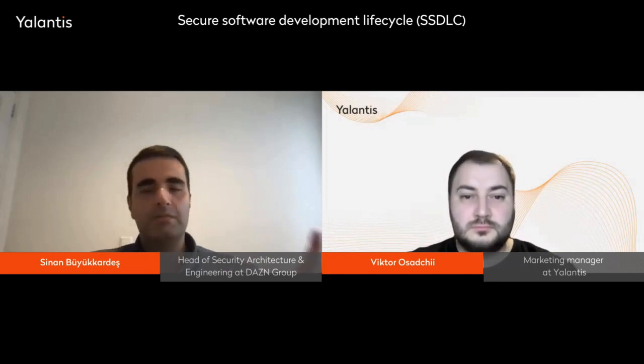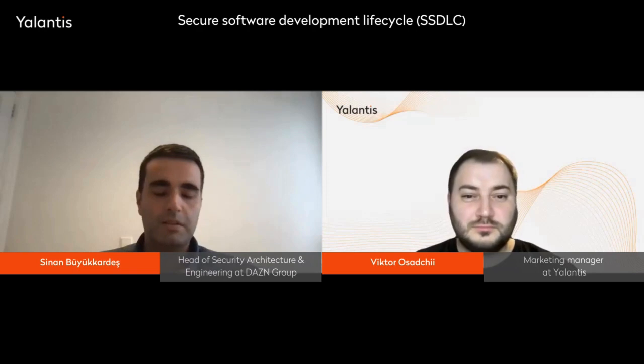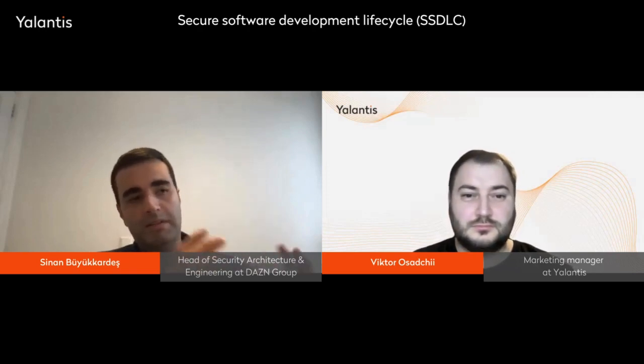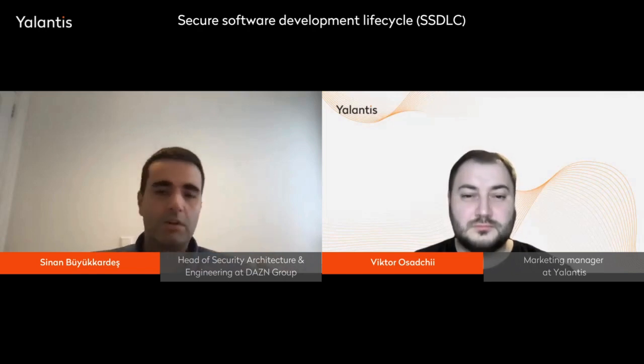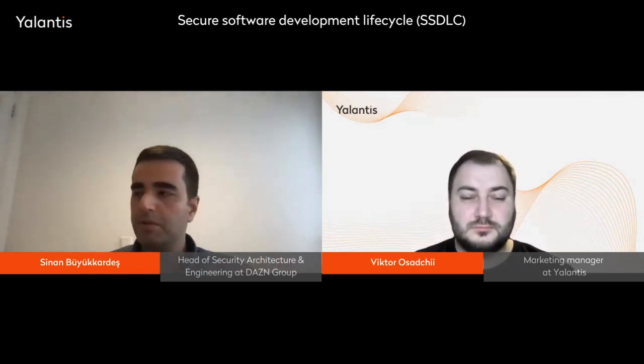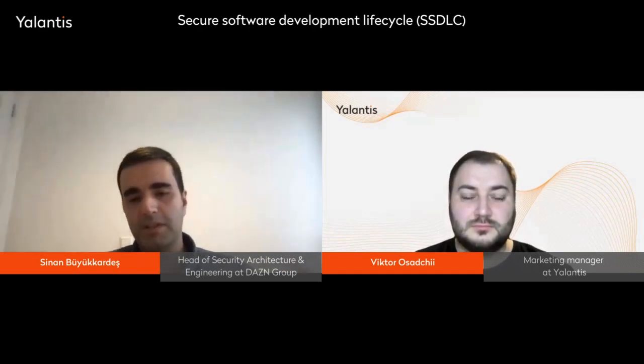If we talk about different applications, like public-facing web applications, or internal ones, or local applications that only a couple of people are using, that's how you can prioritize the risk.